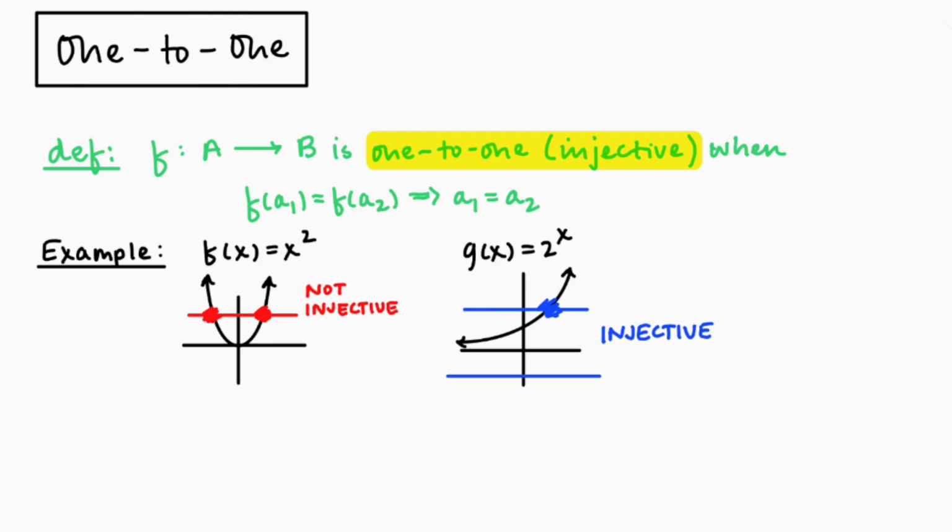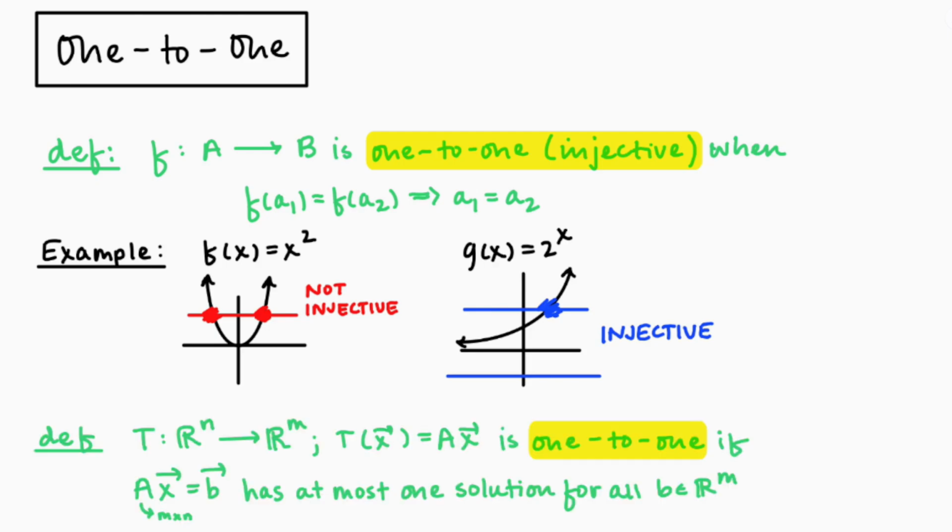Now, we're interested in linear transformations here. In our linear algebra class, these are the functions we care about. So we're going to write a definition that would define what it means for a linear transformation to be injective. And so we know that we need to have no repeated outputs.